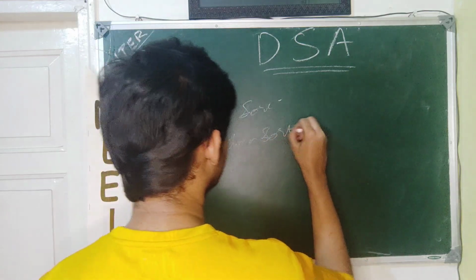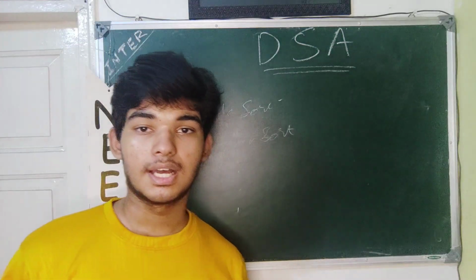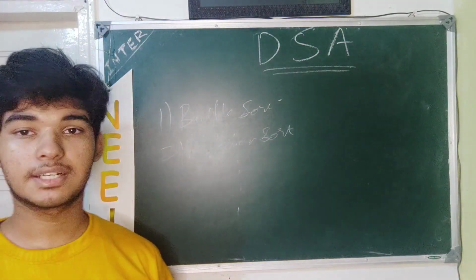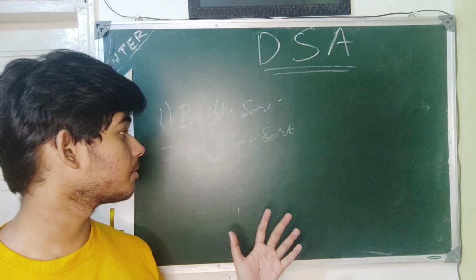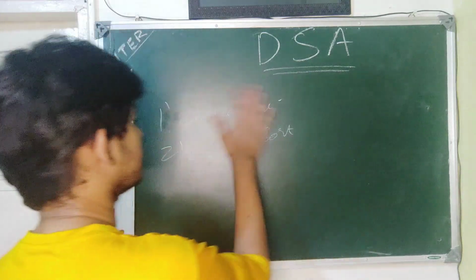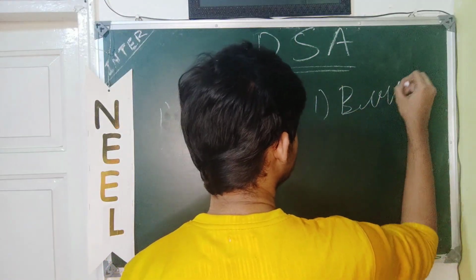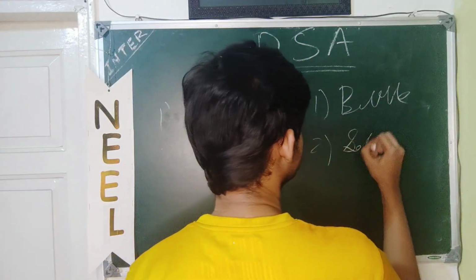There are still many ways of sorting, but like I said, I'll just give an introduction to how data structures and algorithms work with bubble sort and selection sort. I feel like you can't see this here, so let me just write it over here. Bubble sort and selection sort.